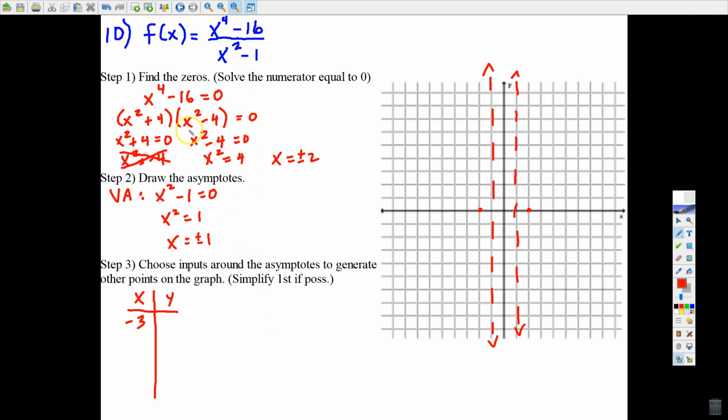And in this case, let me just show you the factored form of this. If you factored the numerator based on what we have here, this is partly factored and then we just solved from there. But if we factored it all the way, this would be our numerator and this would be our denominator. Now I would not be wrong if I started inputting into this.